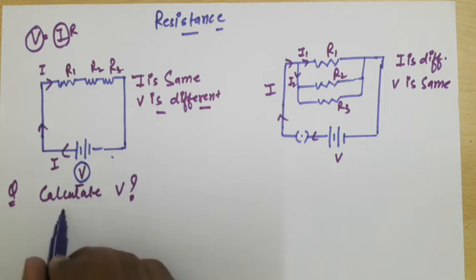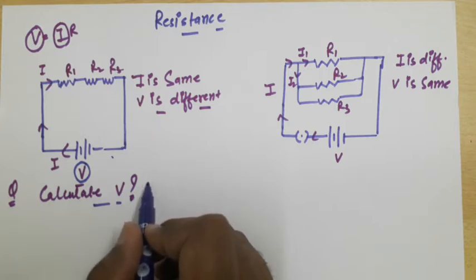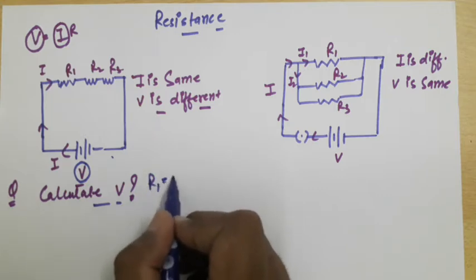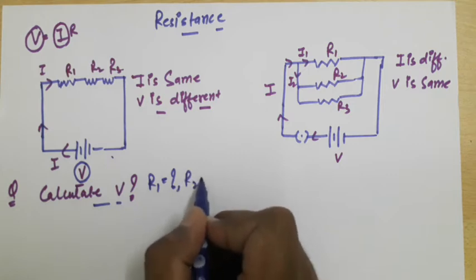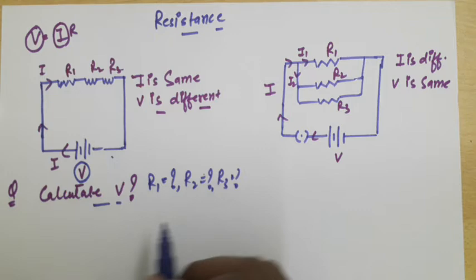But if a question says calculate V, then it must specify which V, which potential difference: through R1, or R2, or R3.